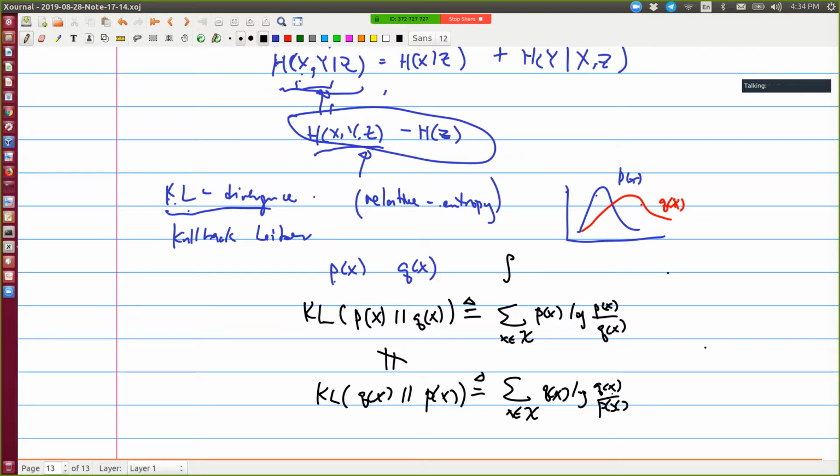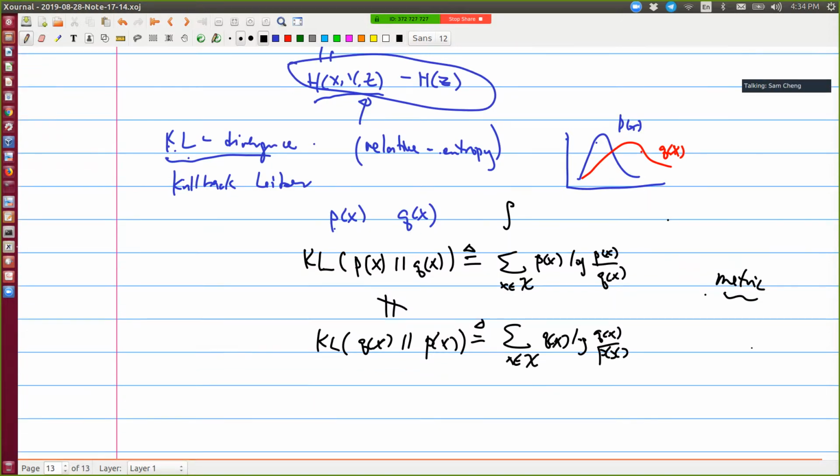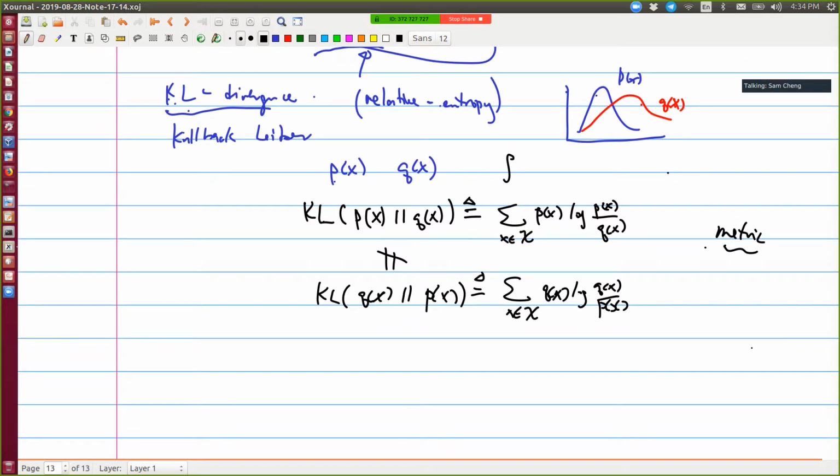When you say a metric in mathematics, the metric is supposed to be symmetric. In this case, it's not. But still, this is very convenient because, as you can see, if I have two identical distributions, what I mean is if I compare the KL-divergence between P(x) and P(x), it is exactly equal to 0.